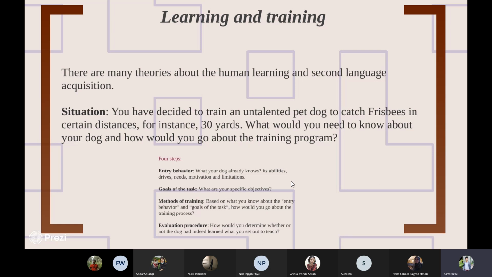Here we come to know that a number of questions arise in our mind whenever we think of training students, or, for example, when we are going to train a dog, a pet animal in our house. When we are going to train it, a number of questions arise in our mind: how would we train that dog?